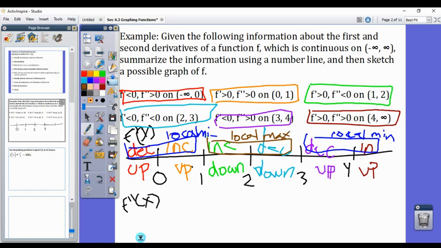So when that happens, we have an inflection point. So I'm going to have an inflection point here at 1. And also at 3.